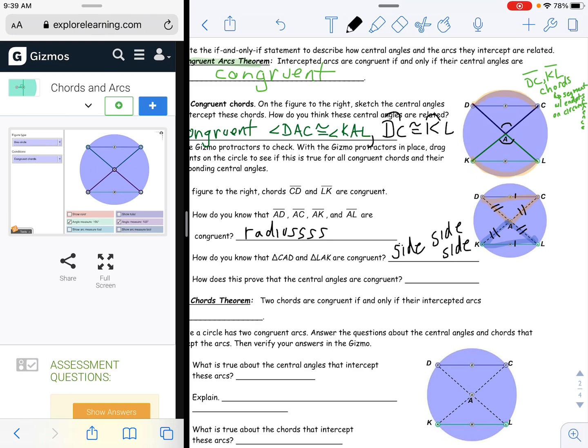How does this prove that the central angles are congruent? Well, you could say vertical angles, or we could also say corresponding parts of congruent triangles. That says triangles.